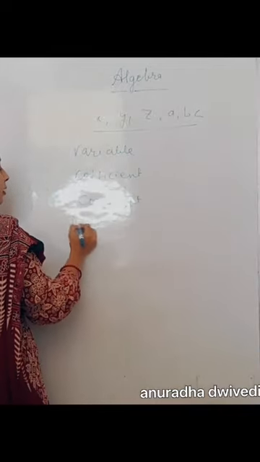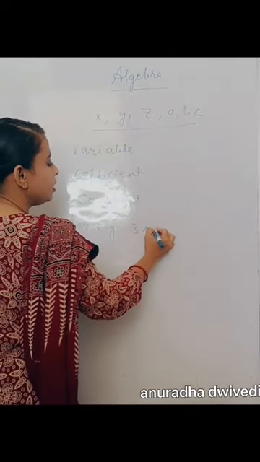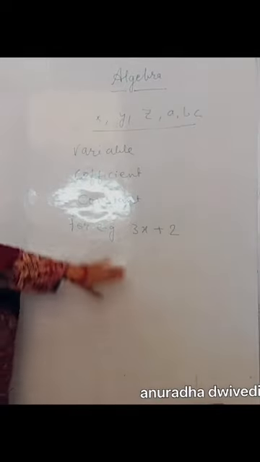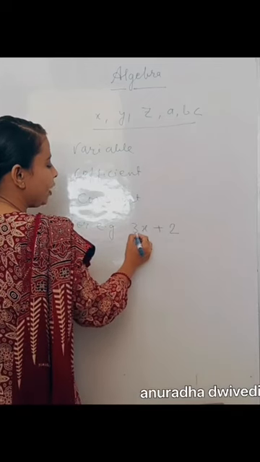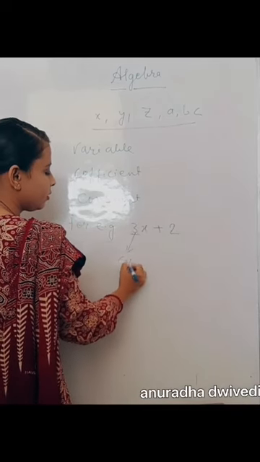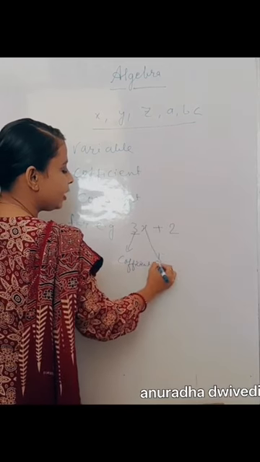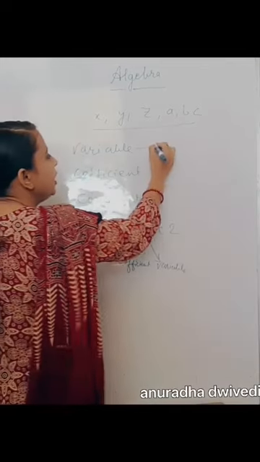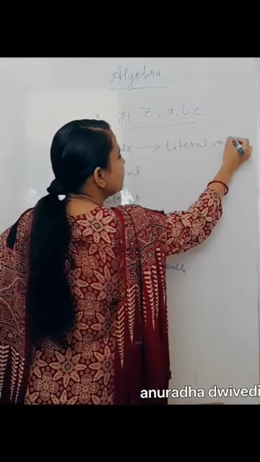For example, 3x plus 2. This is the equation. Now 3 is the coefficient, x is the variable, which is also called the literal value. It is also called the literal values.